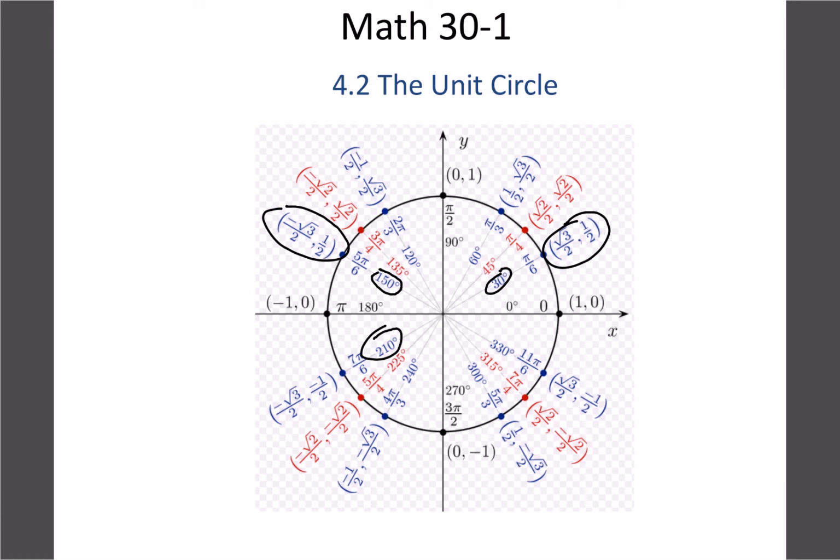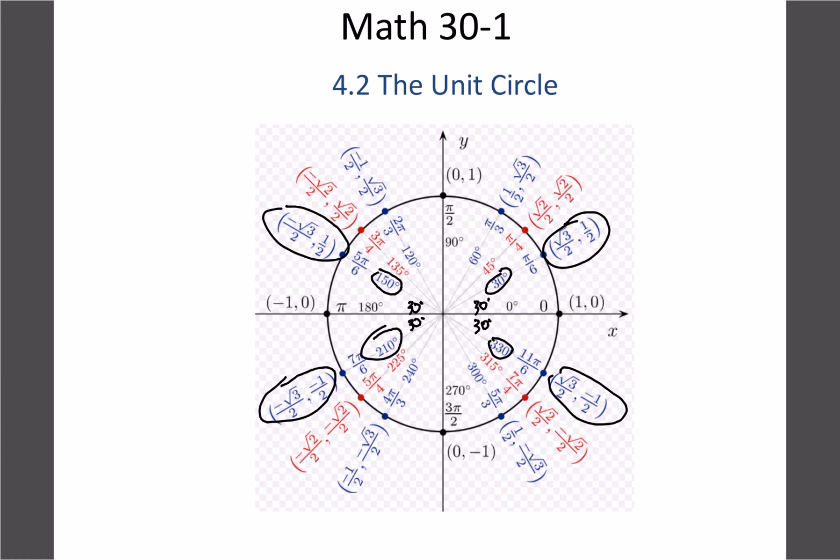If we do 210, which is pi by 6 past 180, we get the same coordinates again, but they're both negative. And then once again in quadrant 4, we get the same. So you can see all of the 30s give us the exact same ratios except the positive and negative.